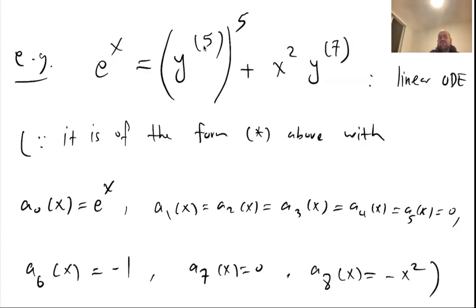Therefore, it will be a nonlinear ODE. But as long as this number is inside brackets, it does not mean power. It means the order of derivative. And power must be 1. Order of derivative can be anything. But if it's y fifth derivative, this fifth derivative of y is raised to power 1, because there is no power here. And therefore, it's linear in this term, similarly linear in this term, and overall is also linear.